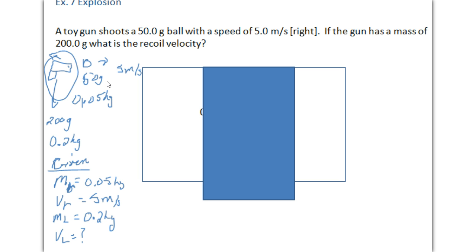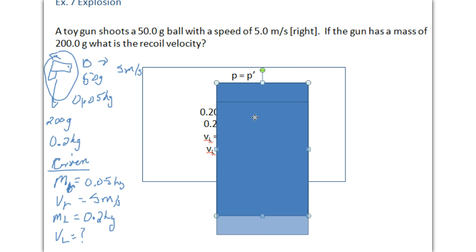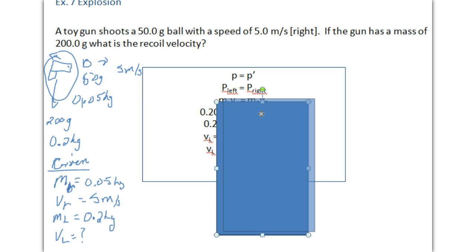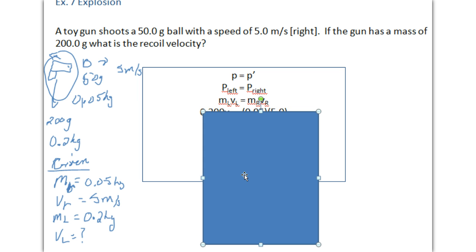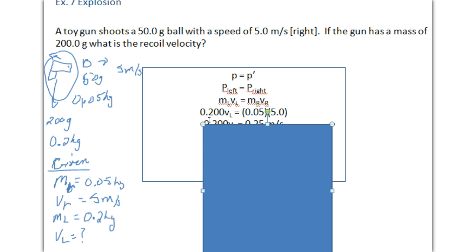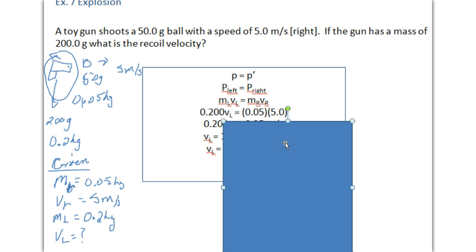And again, this is an explosion type. The objects are separating apart. So momentum before is momentum after. So momentum of the left equals momentum on the right. So your mass times your velocity on the left, 0.2 times velocity on the left, equals mass of the ball times velocity of the ball.